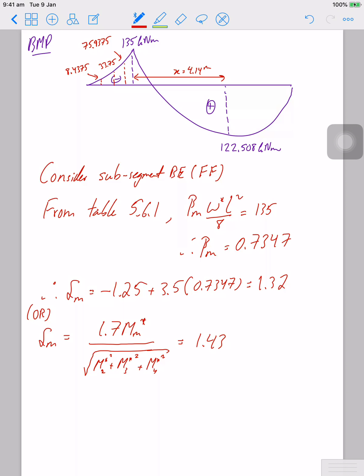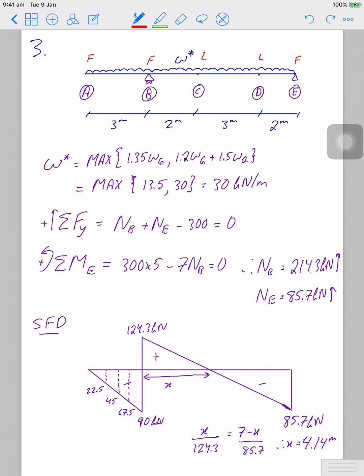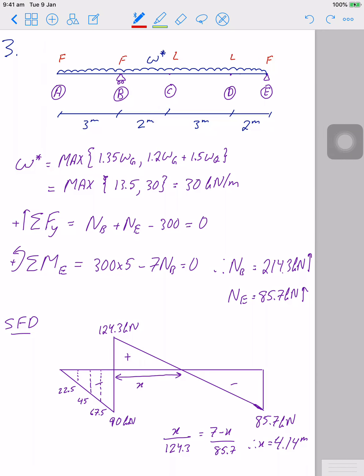We're going to look at segment CD. We know it's going to be critical, particularly because we've got bases FL and LL, CD's FL and LL, and then the length of CD is longer, and so it's going to be more critical.